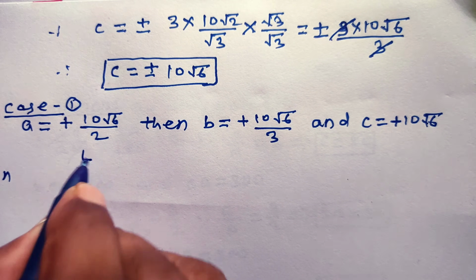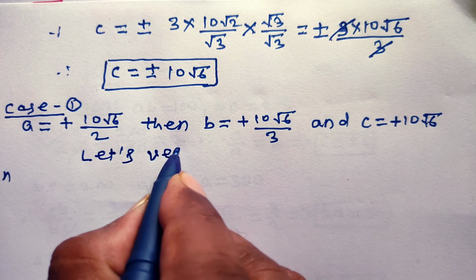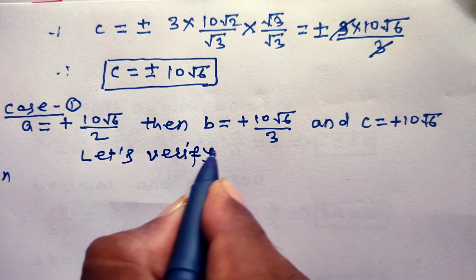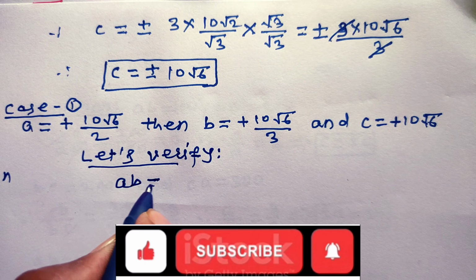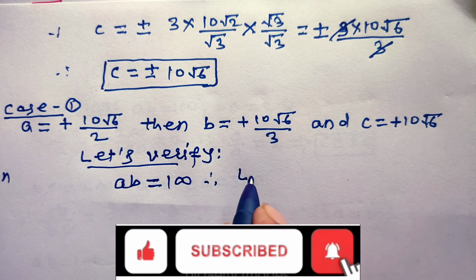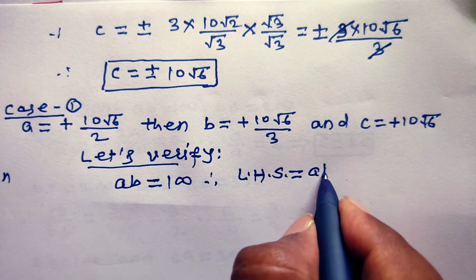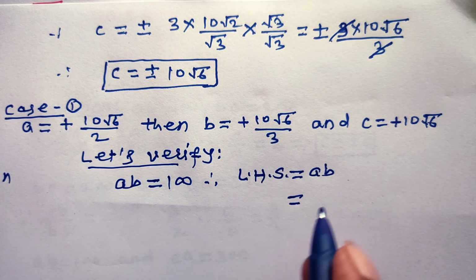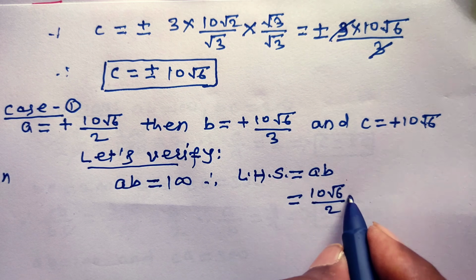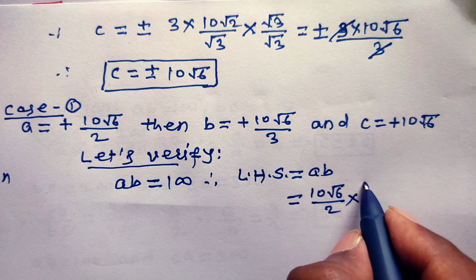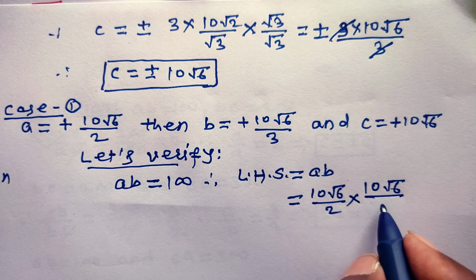Let us verify. You know AB is equal to 100. LHS is AB and here A is 10 root 6 divided by 2 into B is 10 times root 6 divided by 3.